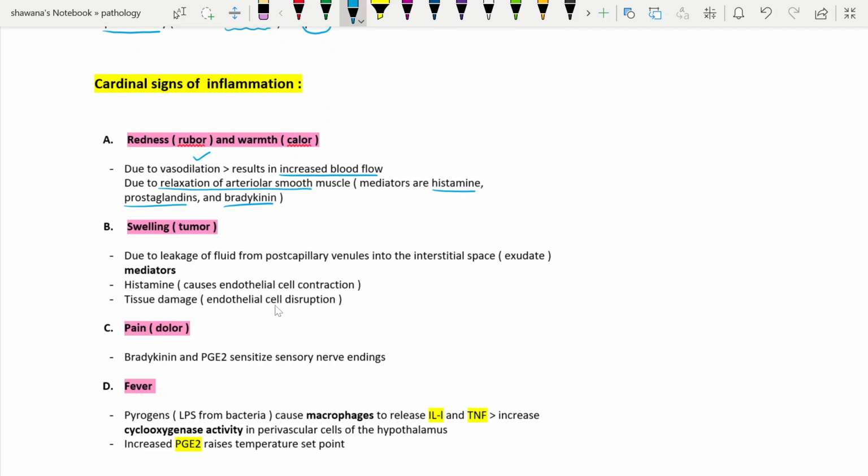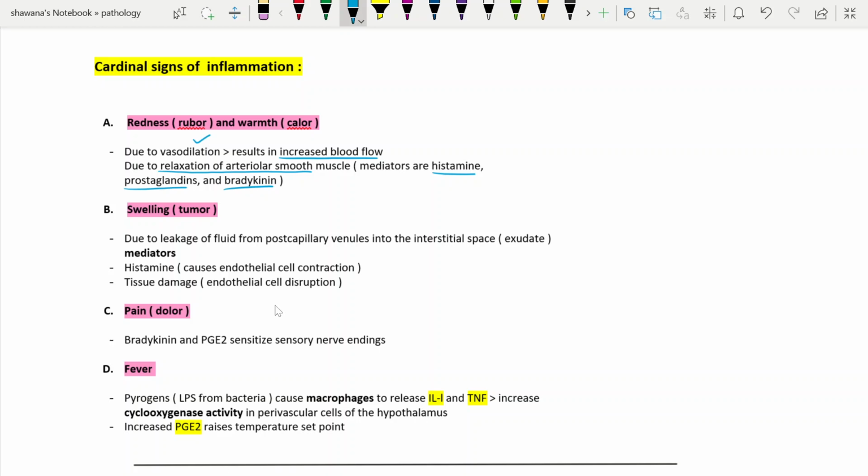Second is swelling, which is tumor. Tumor is seen due to the leakage of fluid from the post-capillary venule into the tissue space, called the exudate in simple words. Vascular permeability is increased at the level of post-capillary venules, and fluid is leaked into the tissue space. We call it the exudate, and that's why swelling is there.